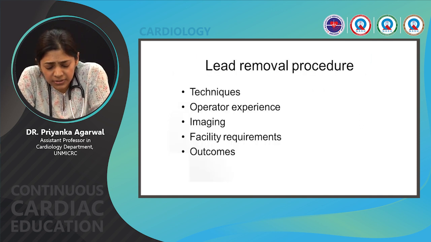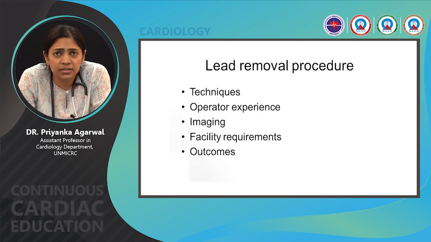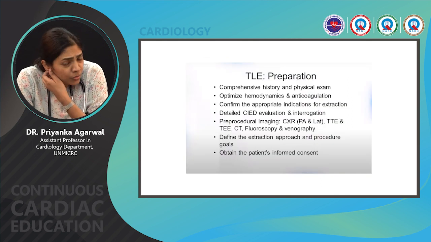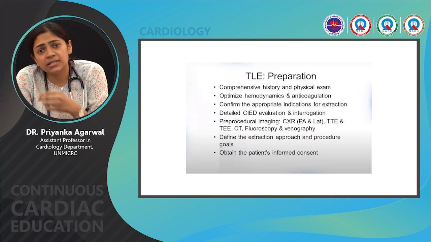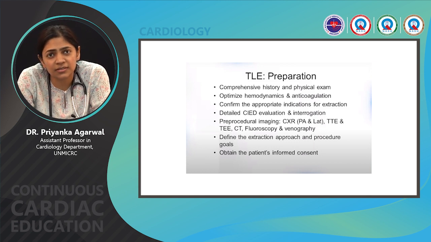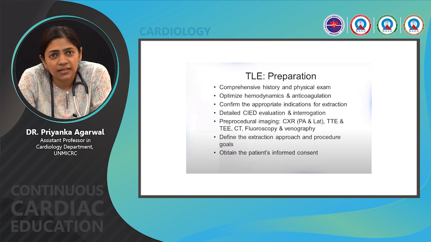So here we will discuss in brief the lead removal procedure, the technique, the imaging techniques and everything. How do you prepare a patient for a transvenous lead extraction? What we do in our routine setup is history, physical examination, optimize hemodynamics, anticoagulation, and detailed CIED evaluation, interrogation.